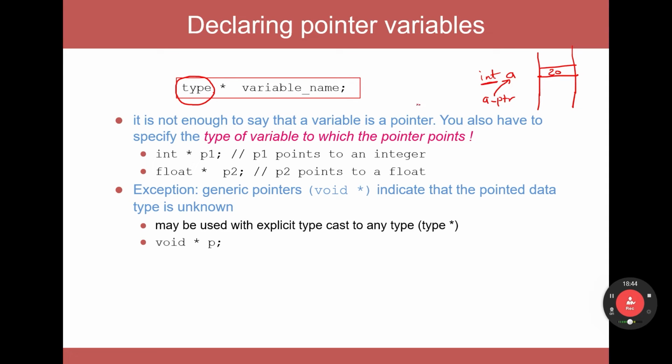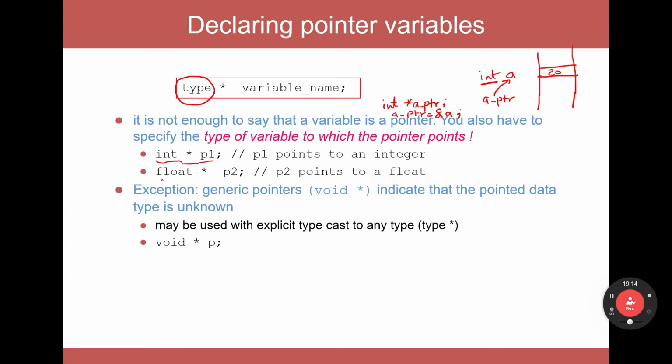So I would say int star, then ptr, equal to the address of a. That means it's pointing to a. So this is a pointer to the integer data type.